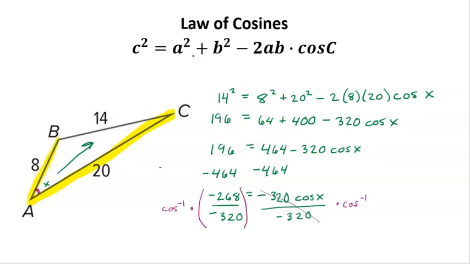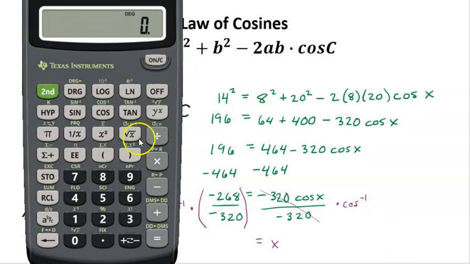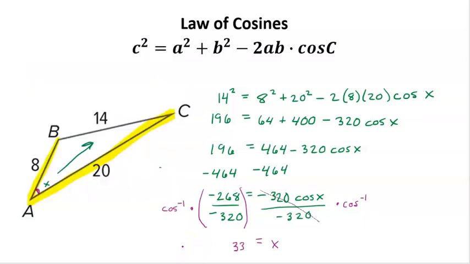So this is what I want to type into my calculator: negative 268 divided by negative 320. Then I'm going to press equals just so I can get this entire fraction narrowed down, and then I'm going to do second cosine, and that gives me 33.1, so I'm just going to round that to 33 degrees. Now that I know that this one is 33 degrees, I can put 33 here.